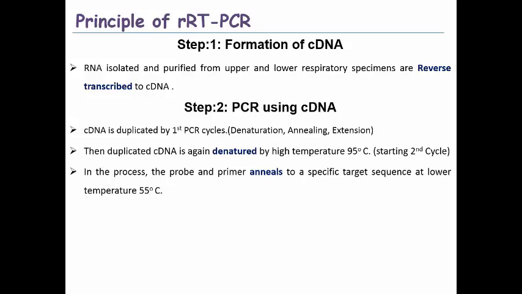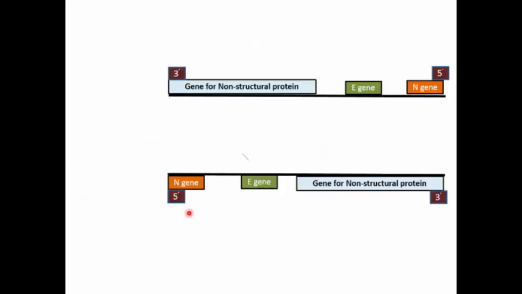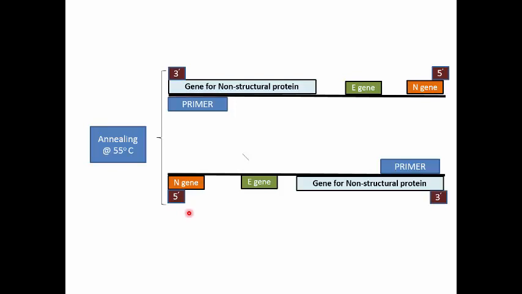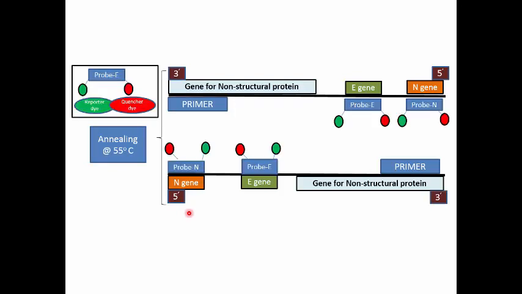For annealing, the temperature must be lowered, from 95 degrees Celsius to 55 degrees. Again, this is the DNA separated by denaturation, and the step of annealing will start. There is a binding of primer, then a binding of probe.